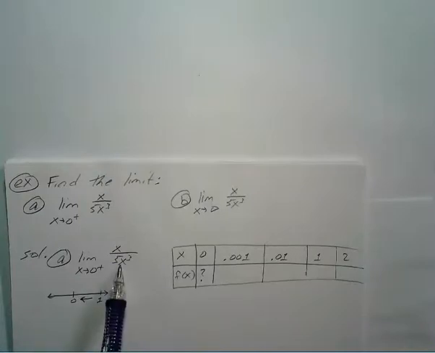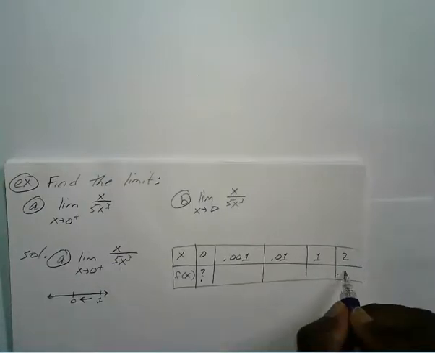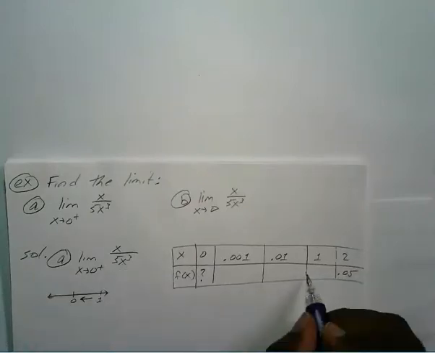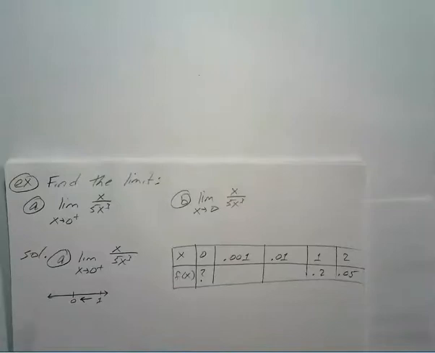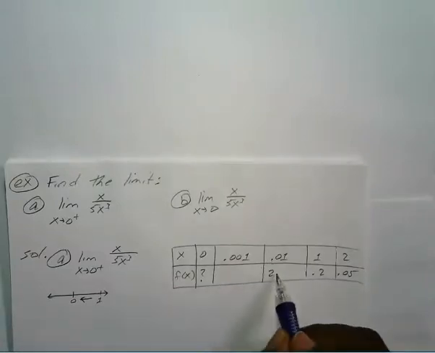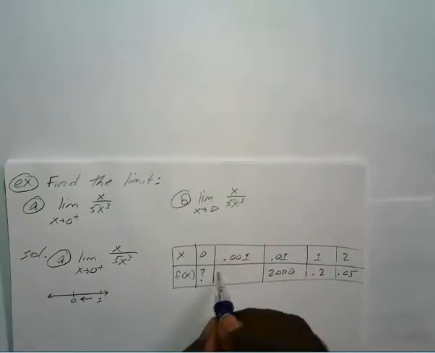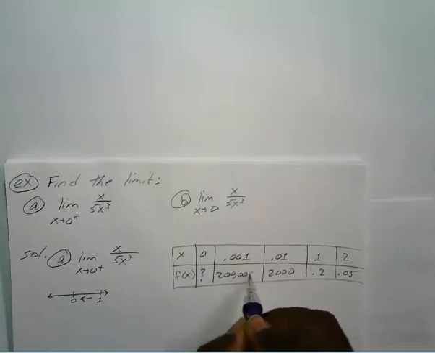If we plug in x equals 2, you end up with 0.05. X equals 1, you end up with 0.2. Plug in x equals 0.01, you end up with 2,000. If you plug in x equals 0.001, you end up with 200,000.